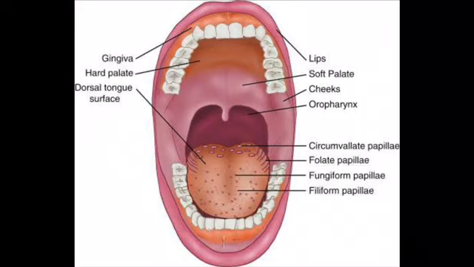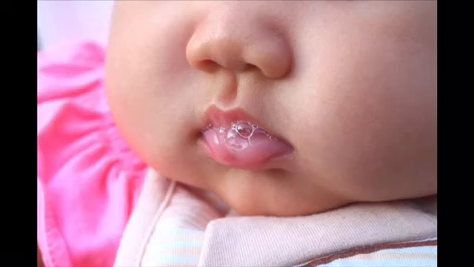Chemical digestion also takes place in the oral cavity. That is done by a digestive enzyme present in the saliva, known as salivary amylase. Salivary amylase converts starch into sugar. Starch is a complicated food material that is converted into sugar, a simple soluble form of carbohydrate. Digestion begins in the mouth.